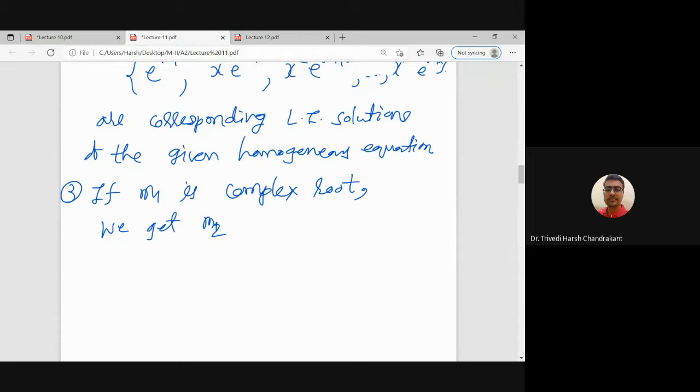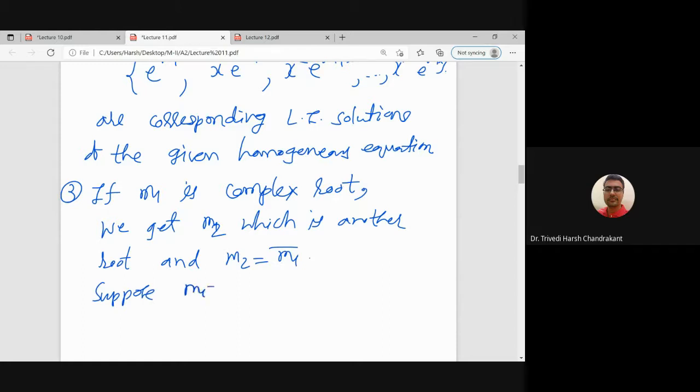So we get corresponding complex conjugate. We get m2, which is another root, and m2 is the complex conjugate of m1. Right. So suppose m1 is basically alpha plus i beta, where alpha and beta are real numbers. Then m2 will be the conjugate of this.